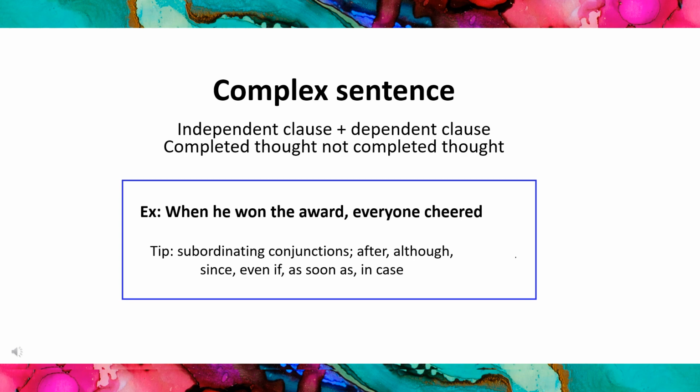We have a tip to help us know that this is a complex sentence: finding the subordinating conjunctions like after, although, since, even if, as soon as, in case, and so on in the sentence. So we notice that we have a complex sentence.